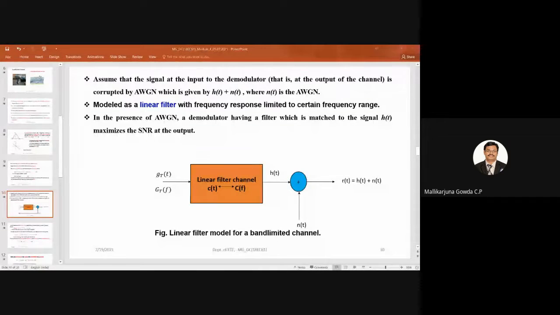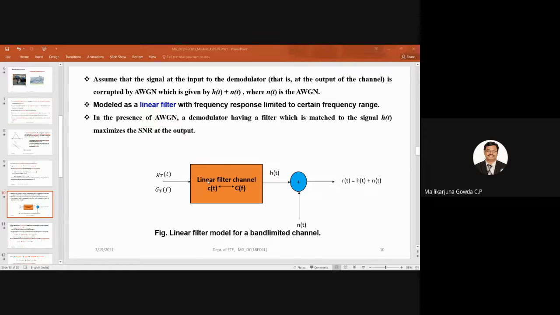So I said the channel will be modeled as a linear filter, right? Its impulse response will be denoted as C of t, and in the frequency domain we write it as C of f. Similarly, the input signal is also limited to W hertz. In the time domain I represent that input signal as g_T of t, and its Fourier transform will be called G_T of f.